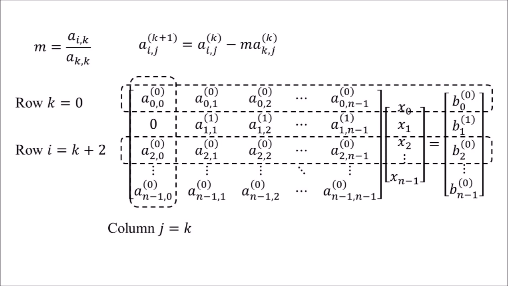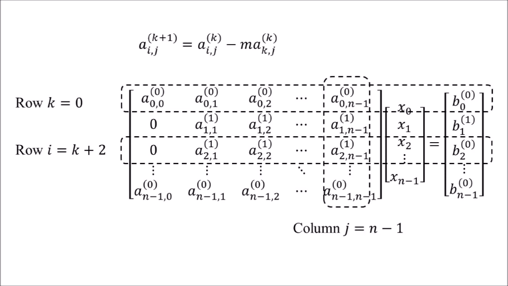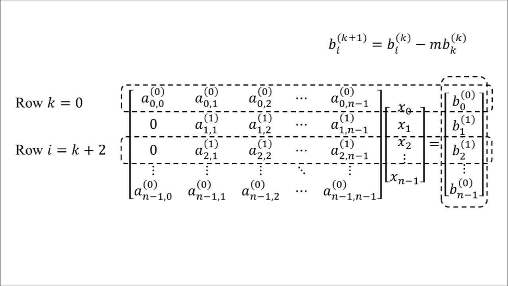And then the process resets, increments the value of i, so we're still working with row k equals 0, and now looking at row i equals 2, and it defines a new multiplier and then applies the calculation to column 0, where that will result in a 0 entered into the A matrix, and then adjusts the values in column 1 and then column 2, and then through the rest of the columns of the A matrix, and then the corresponding value in the B matrix.